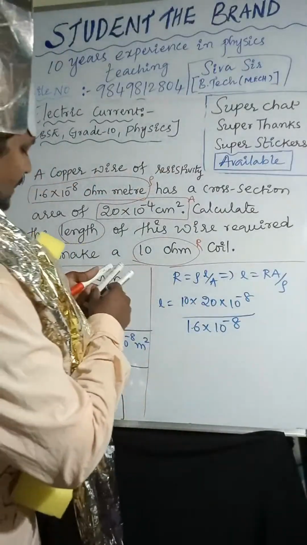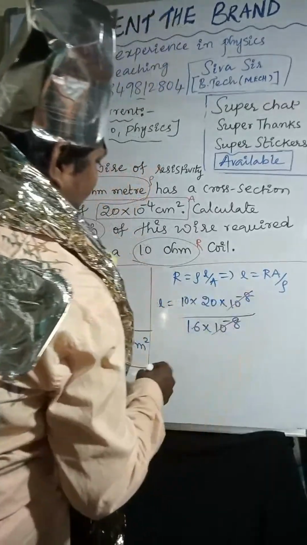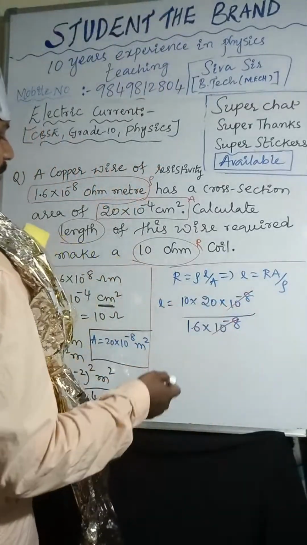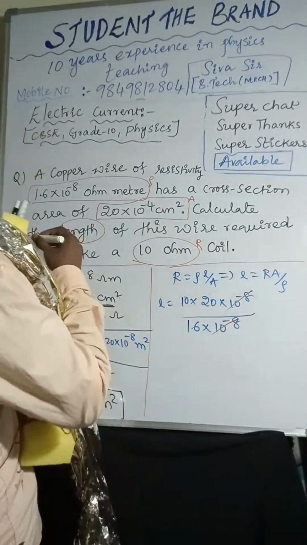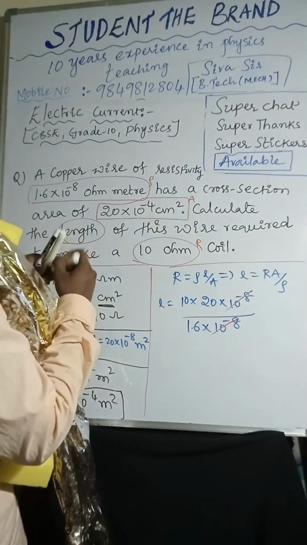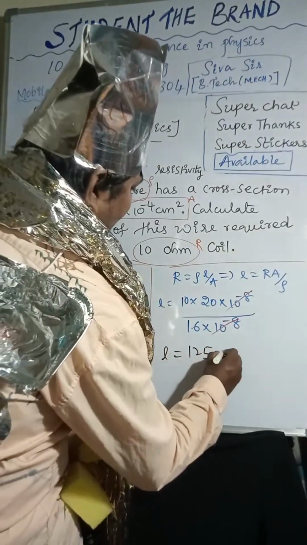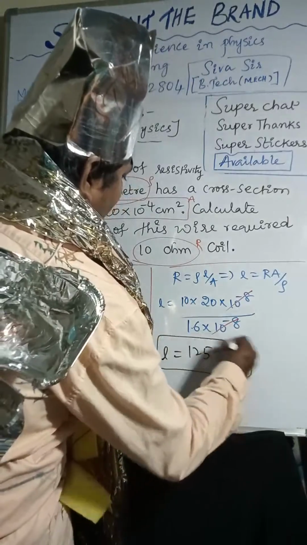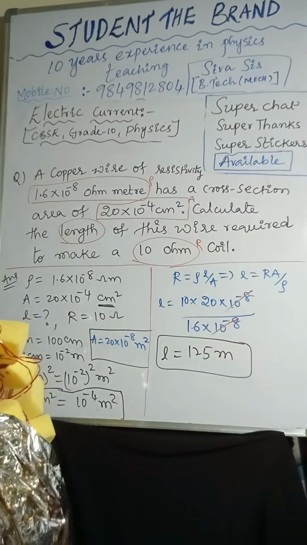I'm cancelling 10 power 8, 10 power 8. So if you do 200 by 1.6, 2000 by 16, that is 125. So answer is 125. Length is 125.